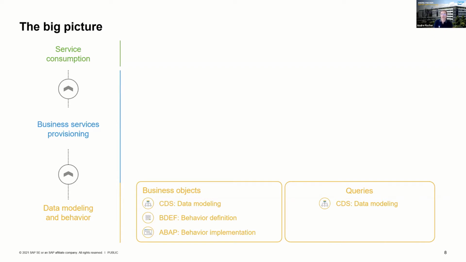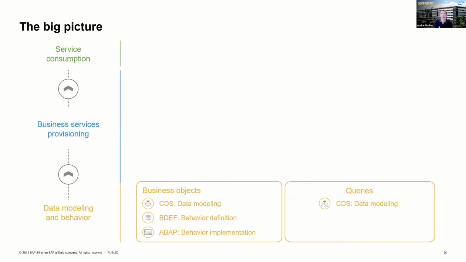Then, we distinguish between queries, that means read-only scenarios, and scenarios where we are doing create, update, and deletes. In a business object where we do create, update, and delete, we have a new kind of object. It's called the behavior definition.